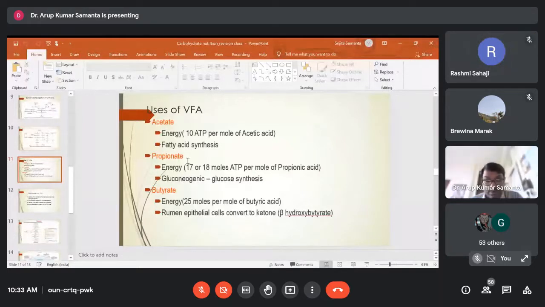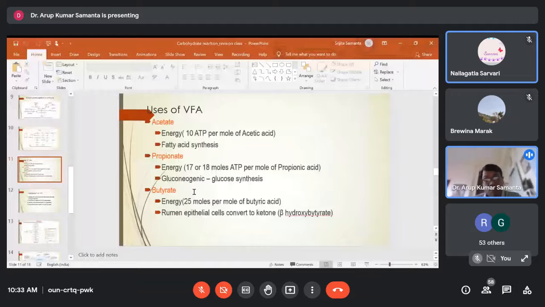Yes, sir. So in ruminant species, do you know what the glucose level is? It is hardly 40 to 60 milligram per 100 ml. That means the glucose level in ruminant species is very low, but most of the glucose in the blood circulation in cattle and buffalo comes maximum from propionic acid.